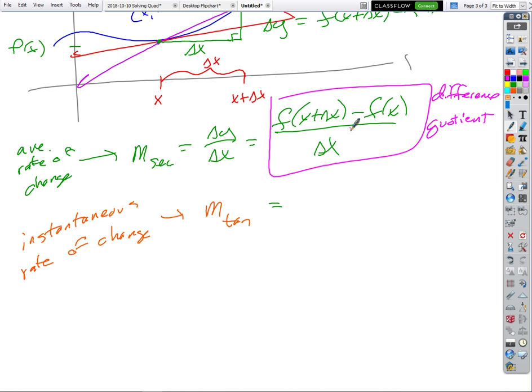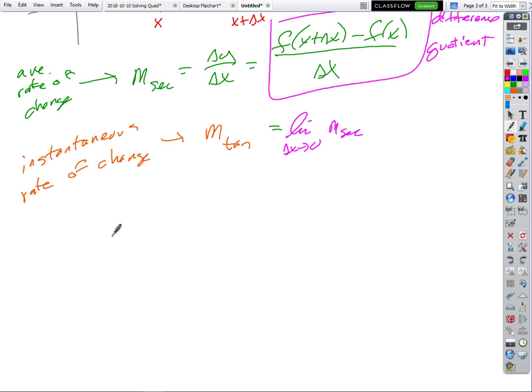Here's the concept, here's why we did it. The slope of a tangent line is the limit of the slope of a secant line as delta x goes to 0. More precisely, the slope of the tangent line is equal to what we call f prime of x, the derivative of the function f of x.